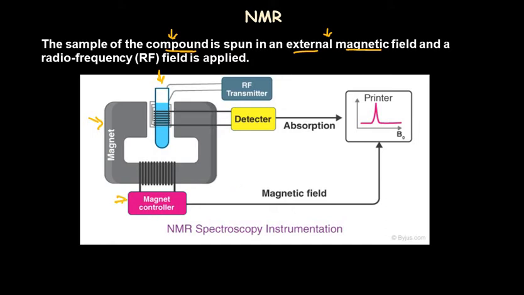It is also analyzed by a radio frequency field, which is applied, and then the compound is detected with the help of a data logger. We can see that the spin will produce some kind of peak as shown here, and these peaks are analyzed for the various types of functional groups or elements present in the compound, and this will give us an idea of the structure of the compound.